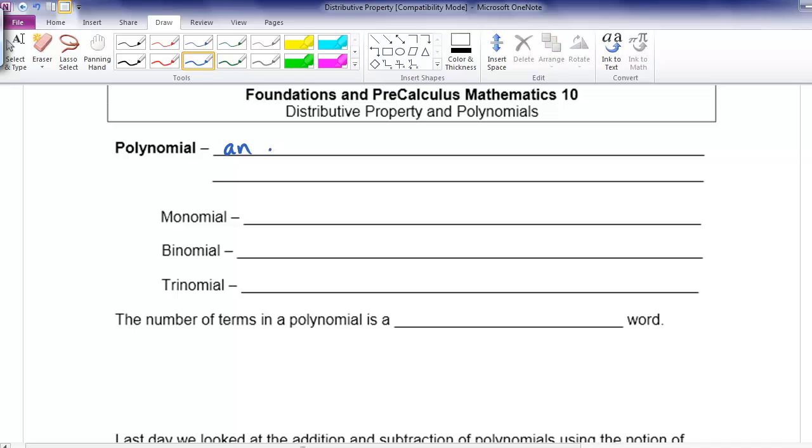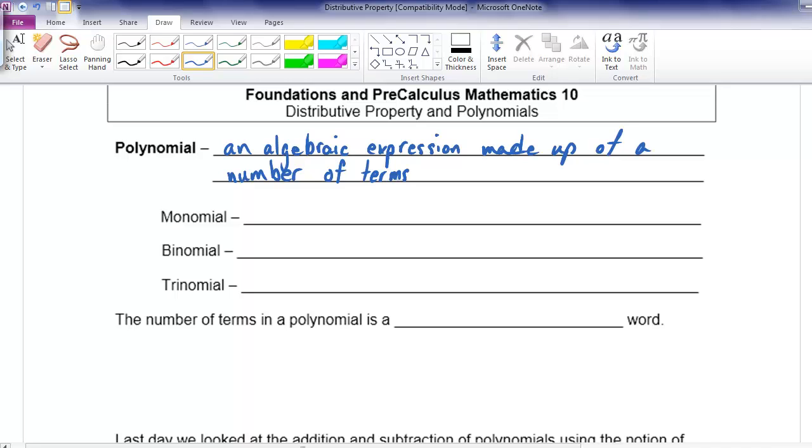A polynomial is an algebraic expression made up of a number of terms. And the number of terms can be any number of terms. So the three we're going to concentrate on in this entire unit are monomials.